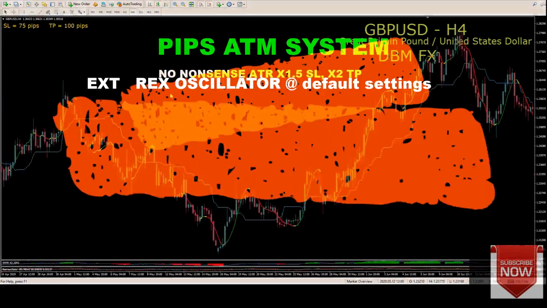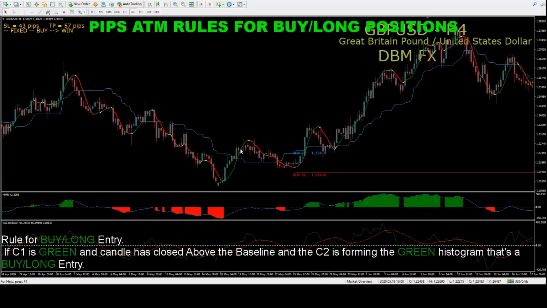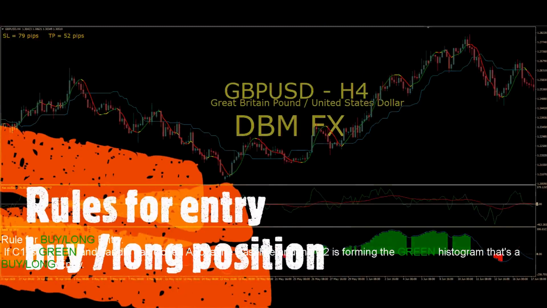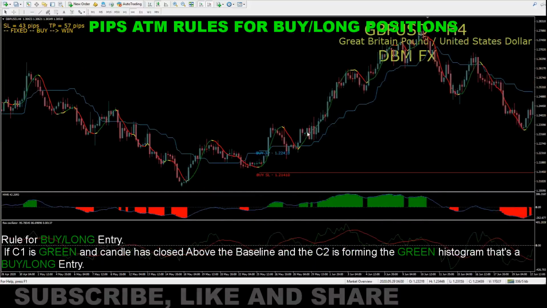Then now we're gonna create the rules for how to use this PIP ATM. So the rules for entry position are: if the C1 is green, and the candle has closed above the baseline, and the C2 is forming a green histogram, that is an entry position.